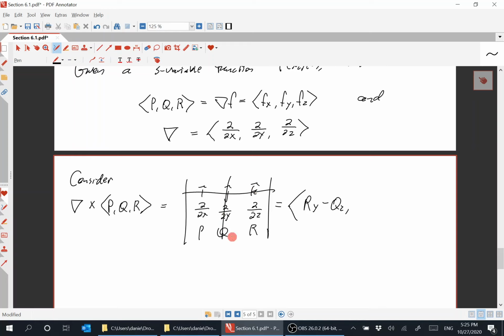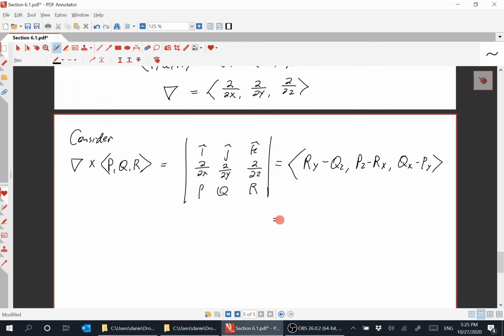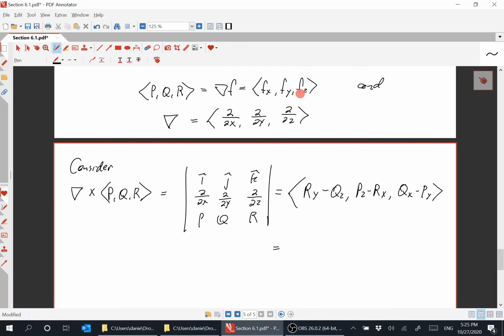And then in the next coordinate, it is Pz minus Rx. And in the k coordinate, it's Qx minus Py. Right? Now, what was R? R is fz. So this is fzy. And Q is fy. So this is fyz.